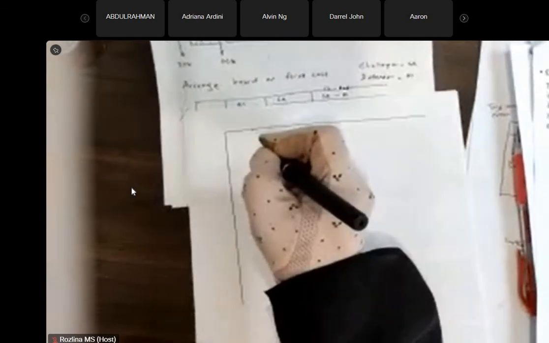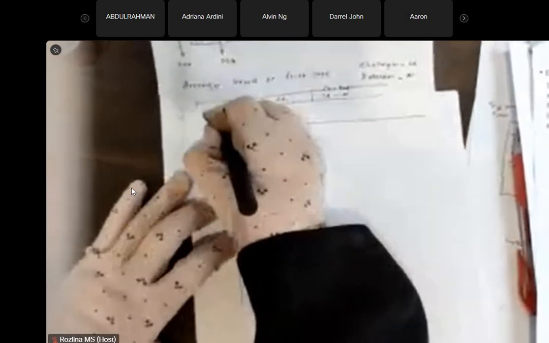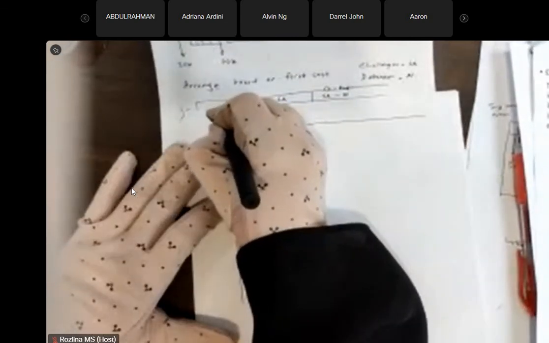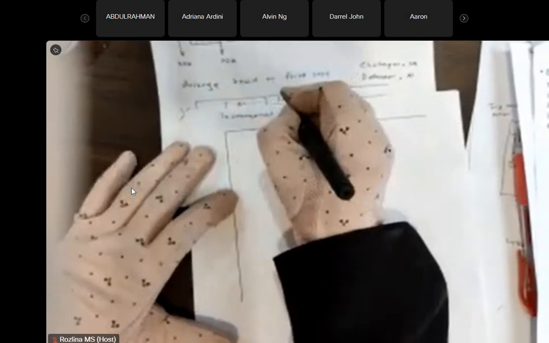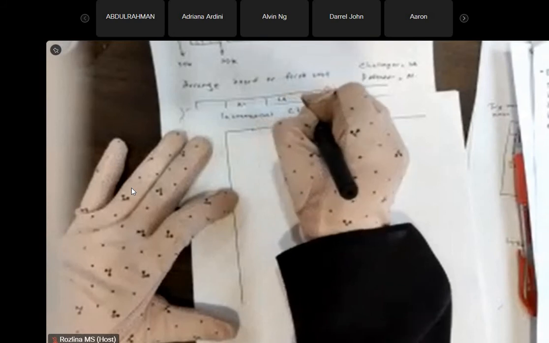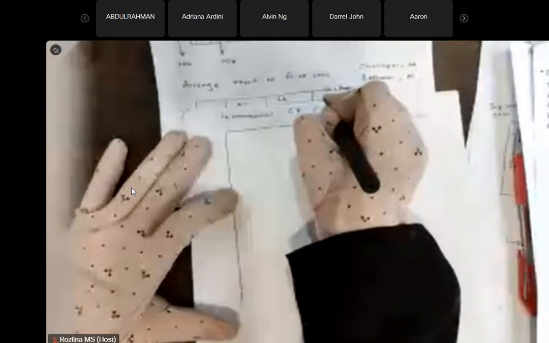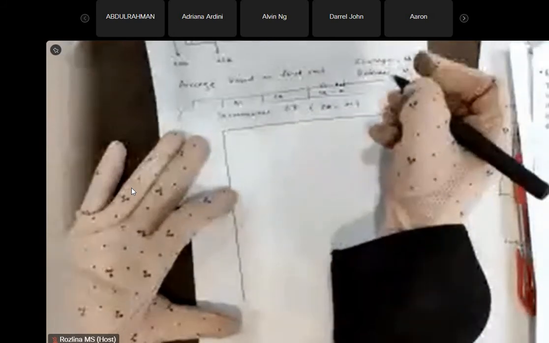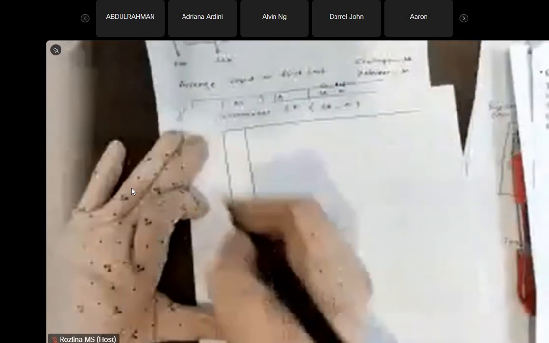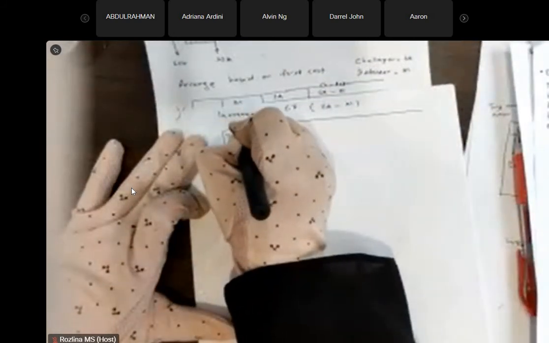Okay. So this one incremental, kita panggil dia sebagai, saya tulis dulu, incremental cash flow. So you have to SA minus MM. Okay, for year ini kita kena try and error juga.